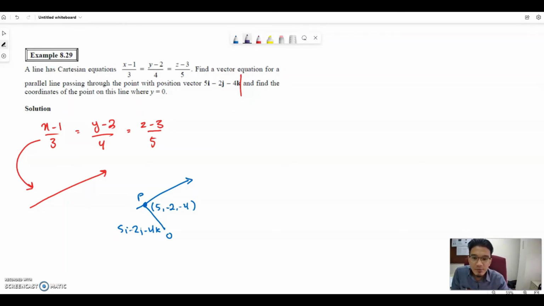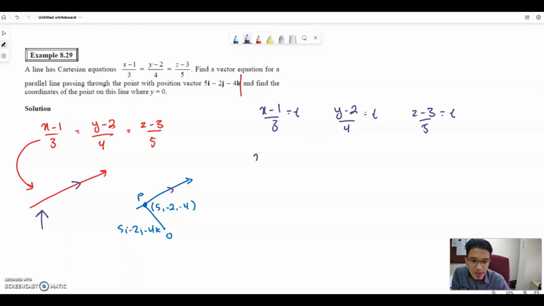Firstly, we have to know the direction of the vector. Since it must be parallel, we take this Cartesian equation and change it back into vector equation in order to find its direction vector. So we know that (x minus 1) over 3 is equal to t, and (y minus 2) over 4 also equal to t, and (z minus 3) over 5 also equal to t.